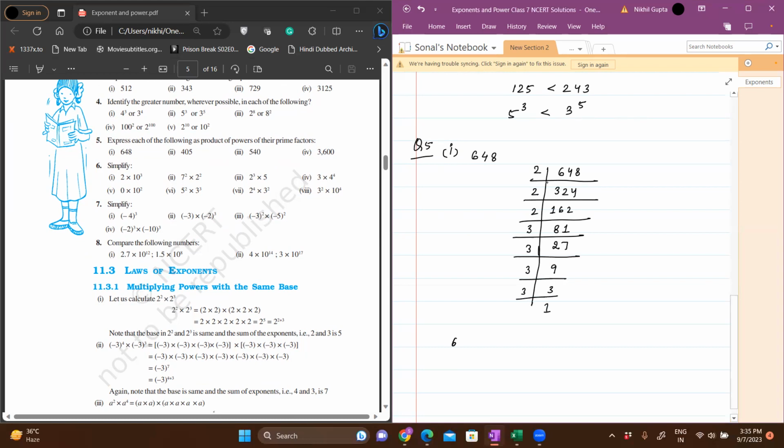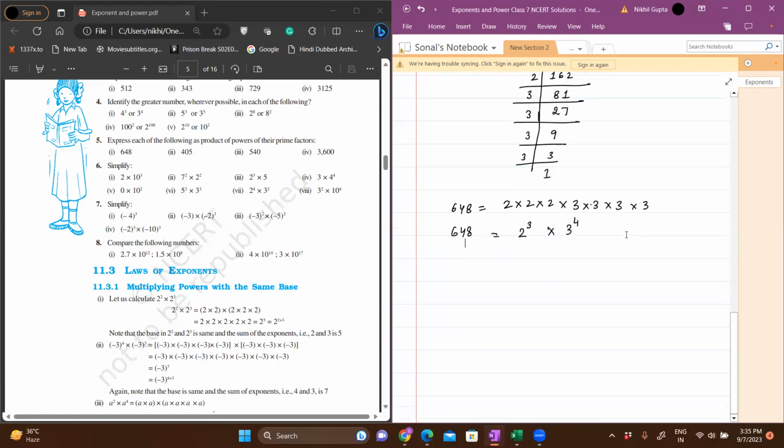So ultimately 648 is equal to 2 into 2 into 2, 3 times, then 3 into 3 into 3 into 3, 4 times. Which is equal to 2 to the power 3, because you need to express it as the product of the powers of their prime factors, and this is 3 to the power 4. So 648 is ultimately equal to 2 cube multiplied by 3 to the power 4.